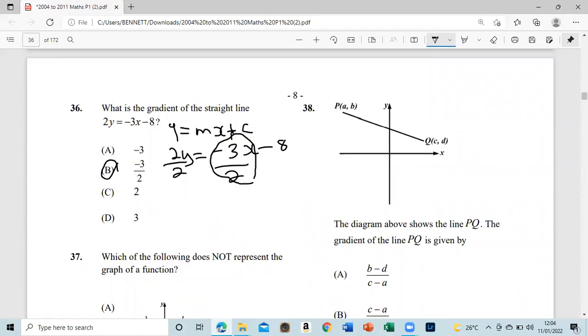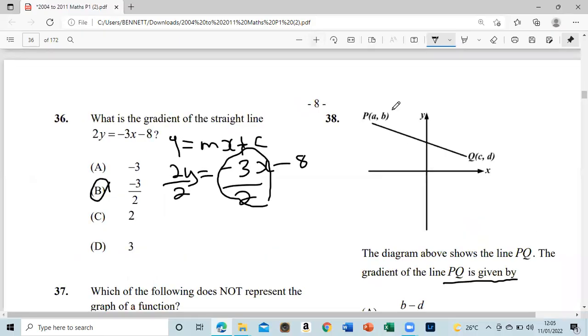They said the diagram shows the line PQ. The gradient of the line PQ is given by, oh, I could just track back. All right. Now, if we are given 2 points and want to find the gradient, simply do this.